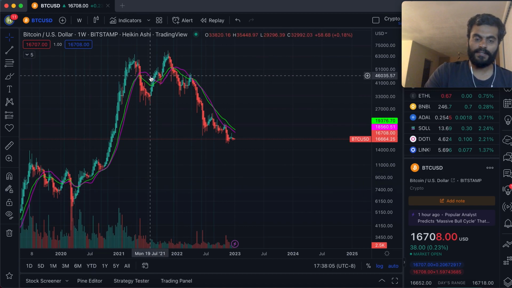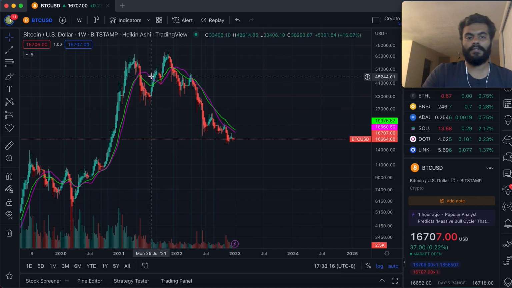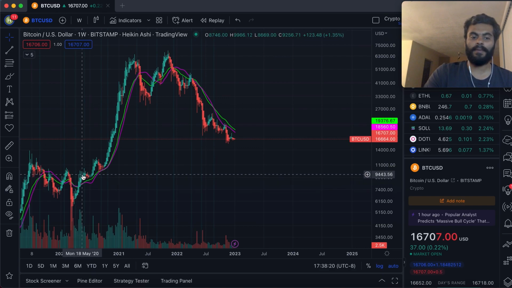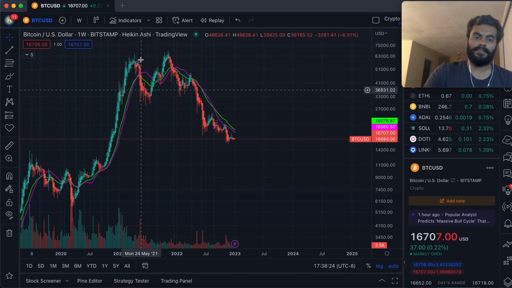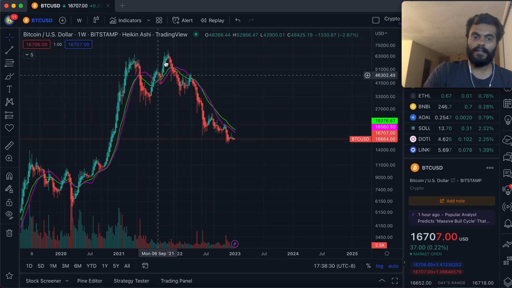The indicator consists of the simple moving average coming in pink, and the exponential moving average coming in green. So these two averages form a band, and once the price action is above this band, that signals bullish activity. When it falls below this band, it is bearish activity until the trend reverses.